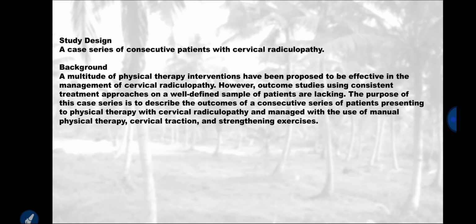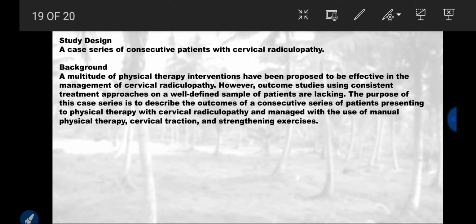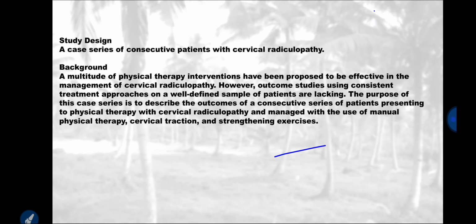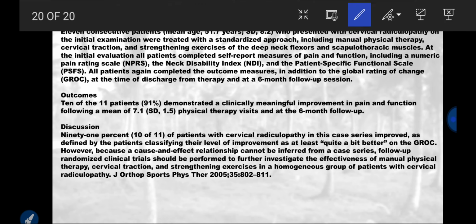And in this case series, what they found, in the discussion part, the last part: 91%, 10 out of 11 patients with cervical radiculopathy in this case series improved, as defined by the patients classifying their level of improvement as at least quite a bit better on the GROC, the global rating of change scale they used, and the follow-up time is 6 months.